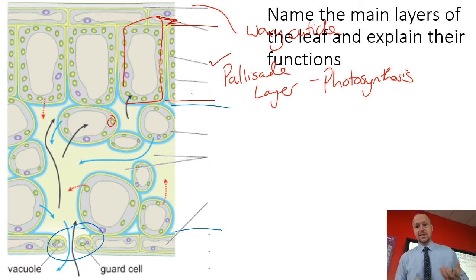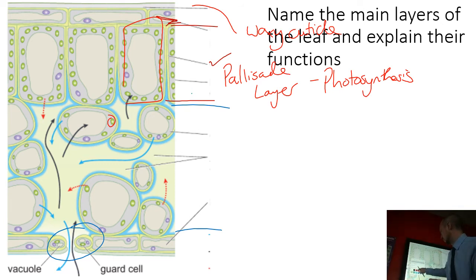So photosynthesis can happen in other layers, just most photosynthesis happens in the palisade layer, so that's the point of it. Right, the next layer down, so between these lines, this is called the spongy layer. And if you're doing A-level biology, it's called the spongy mesophyll layer.